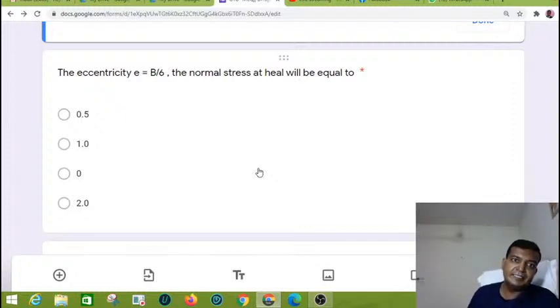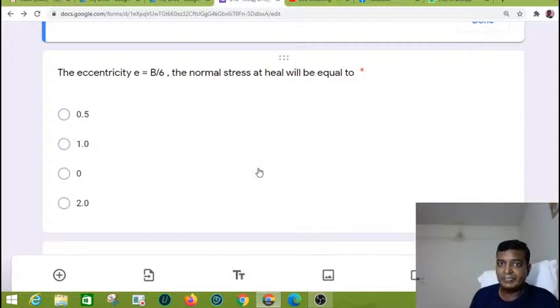The eccentricity e is equal to B by 6. The normal stress at heel will be equal to, the eccentricity e is equal to B by 6.